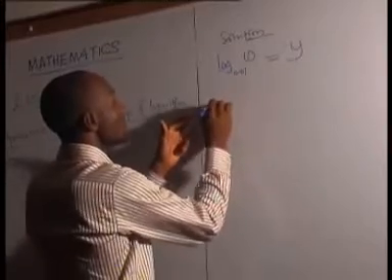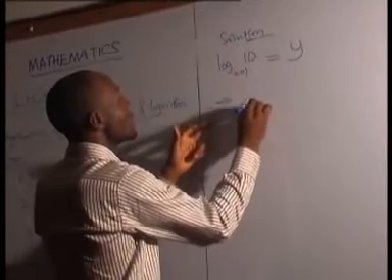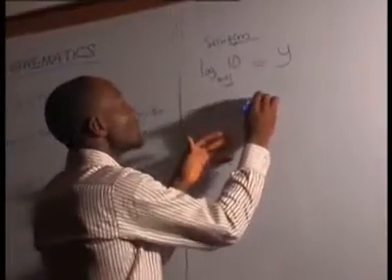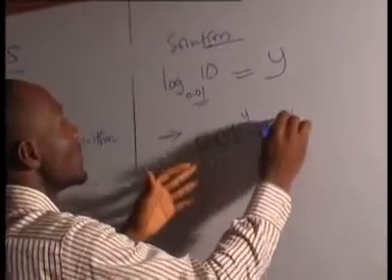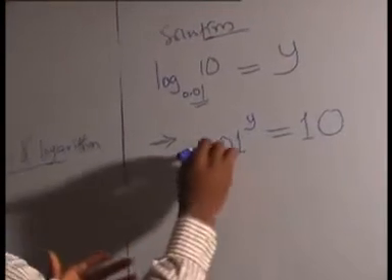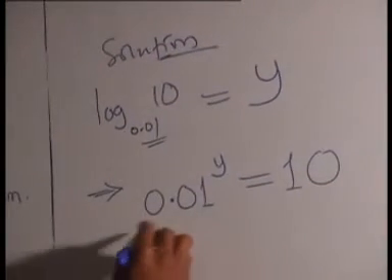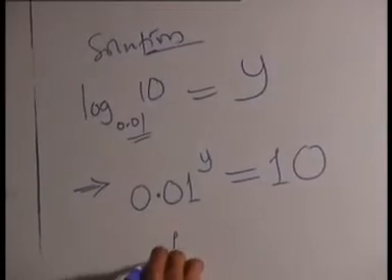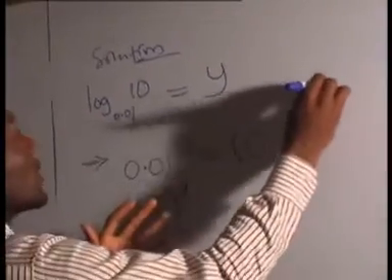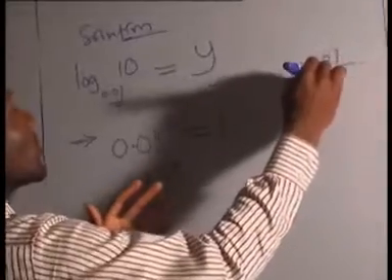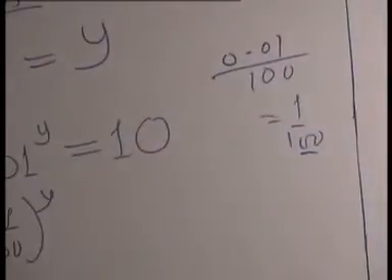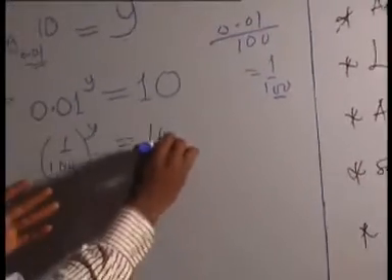We have 0.01, a slave, it remains a slave, raised to power y, carrying y on its head, equals 10. But of course, you know that 0.01 is something we can change. We can turn it to 1 over 100. Don't be lost: 0.01, you drop a 1 here, you have 0, 0, you already have 1 over 100. So this equals 10.